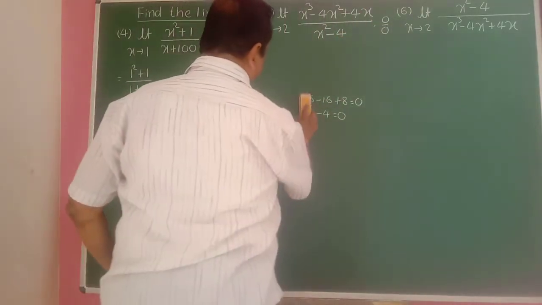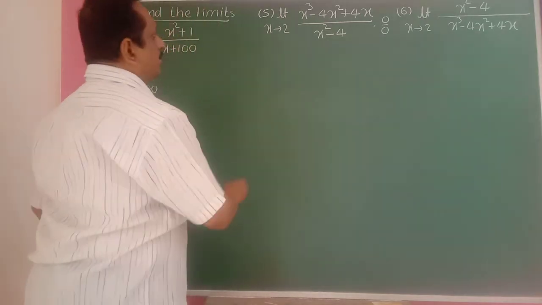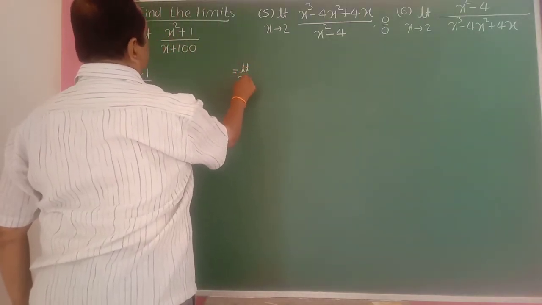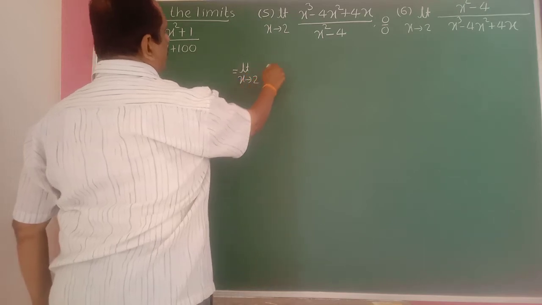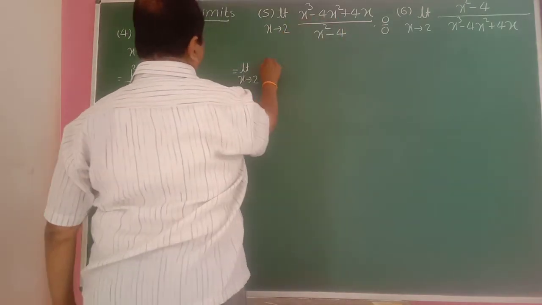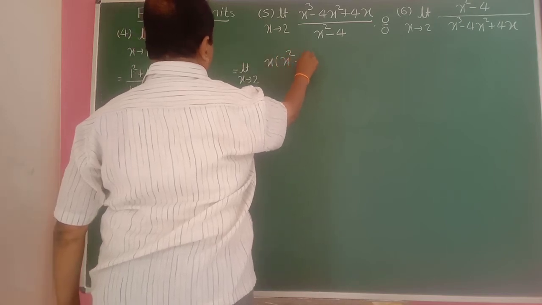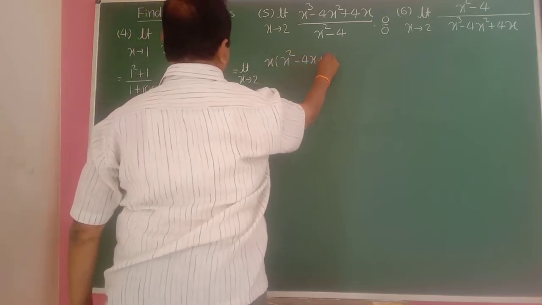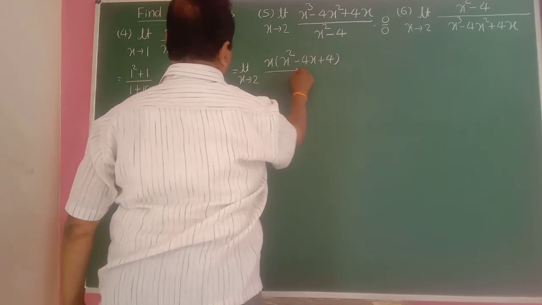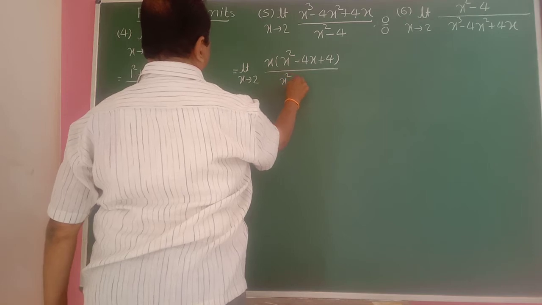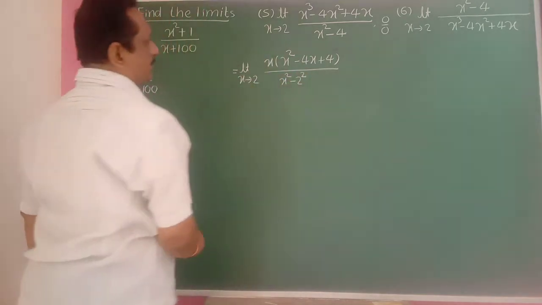Therefore, you simplify. So this is equal to limit of x tending to 2. In the numerator, x is a common factor, so write x into x square minus 4x plus 4, divided by x square minus 4. You can write x square minus 2 square here.